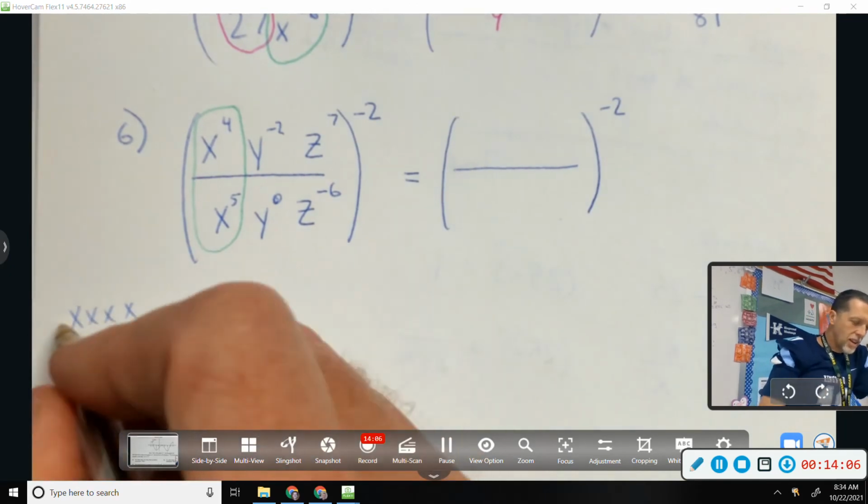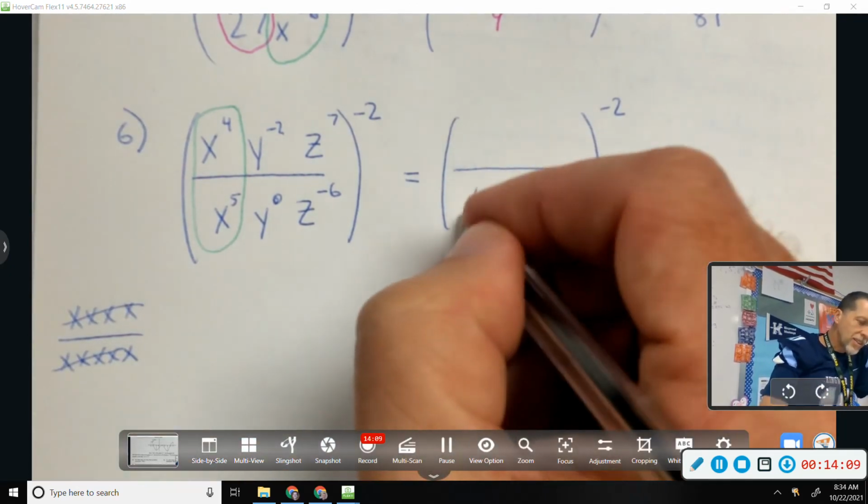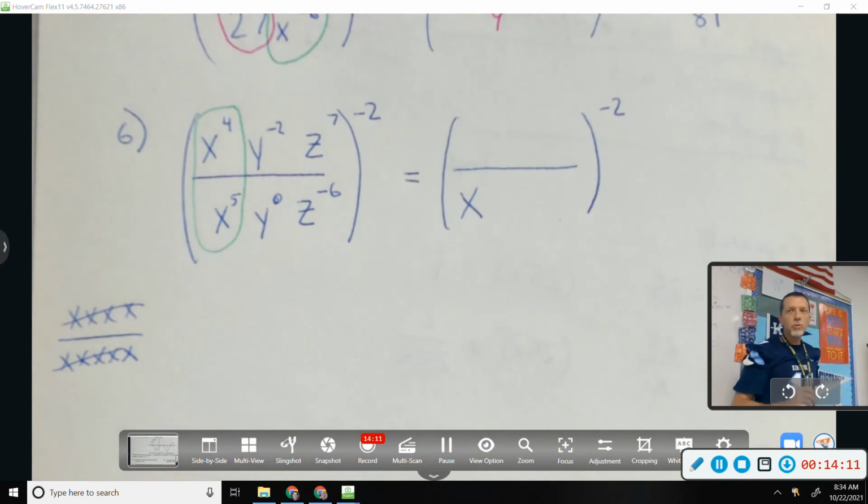So subtract and put it where the bigger one is. 5 minus 4 is 1. There's 1 left in the bottom. You could say it's x to the negative 1 on the top if you want to do top minus bottom, but it's easier to just subtract and put it where the biggest one is.